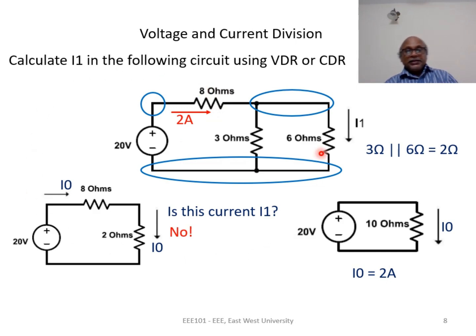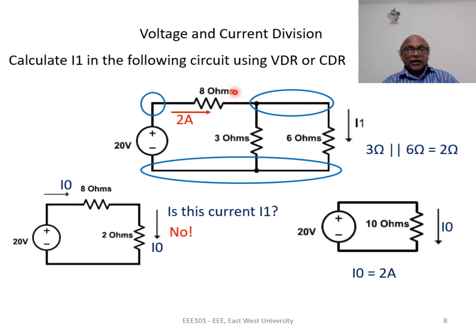So after all these steps, we have found out that the current through 8 ohms is 2 ampere, which is flowing into the parallel combination of 3 ohms and 6 ohms. We can apply CDR for parallel connection of resistances. Here, we know the value of the two resistances.